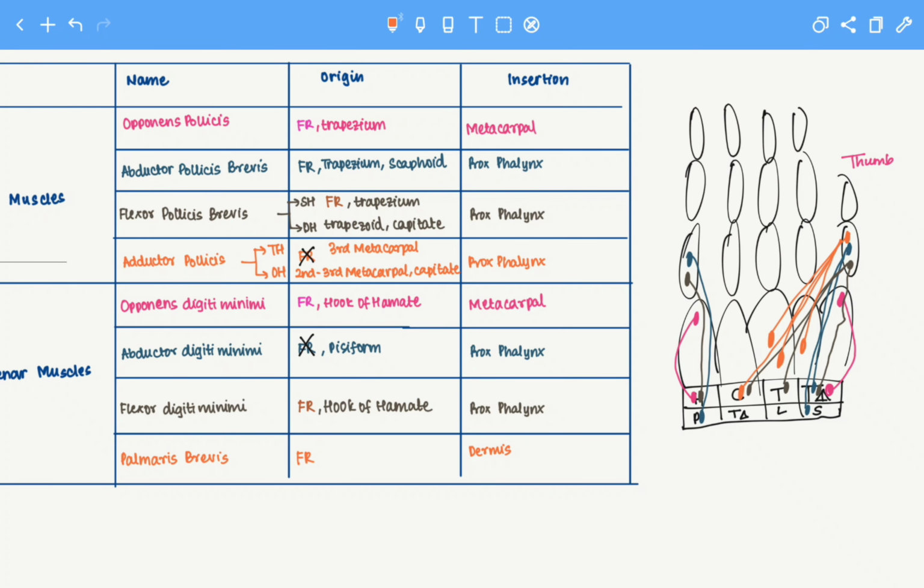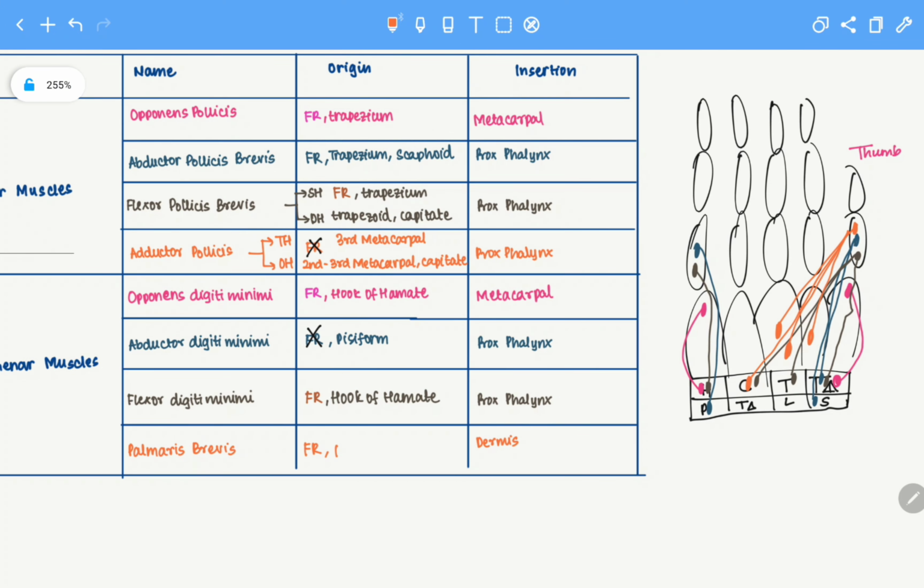And finally we have the palmaris brevis, which has the flexor retinaculum as well as the palmar aponeurosis as the origin points and dermis as its insertion point. So this is the easiest way for you to learn the thenar and the hypothenar muscles.